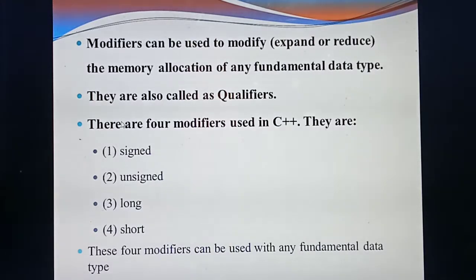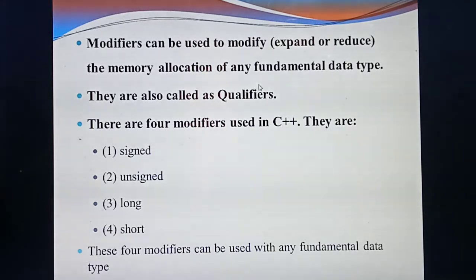If your book is there, please mark it. What's the definition? Modifiers can be used to modify, expand or reduce, that means you can expand the memory space as well as reduce it. Expand or reduce memory allocation of any fundamental data type. How many fundamental data types have you studied? Integer, character, float, double, bool.